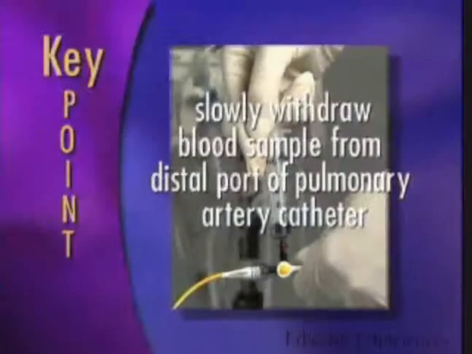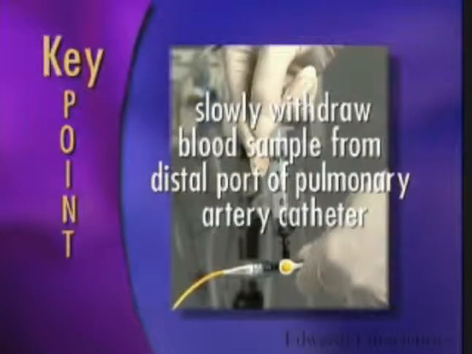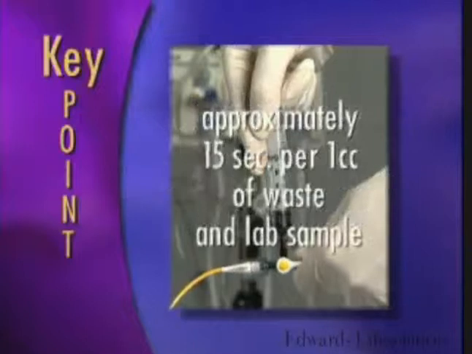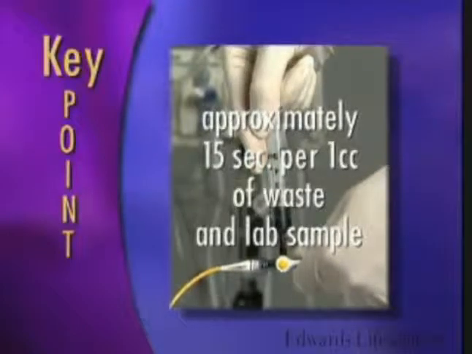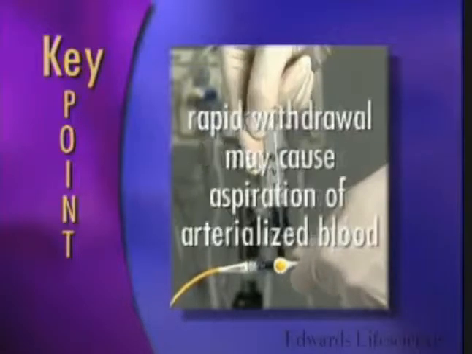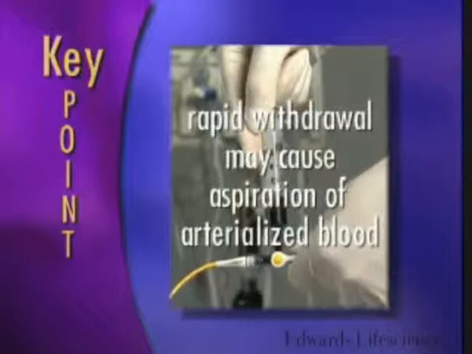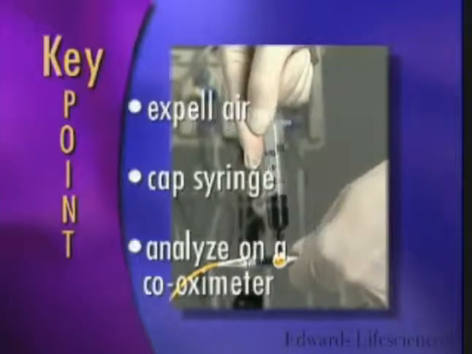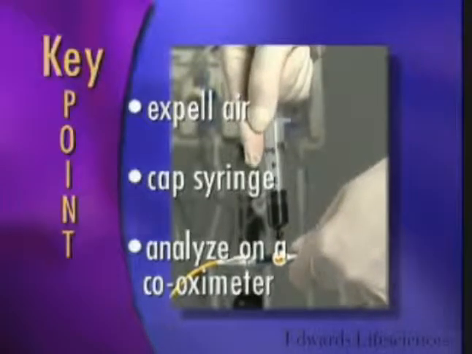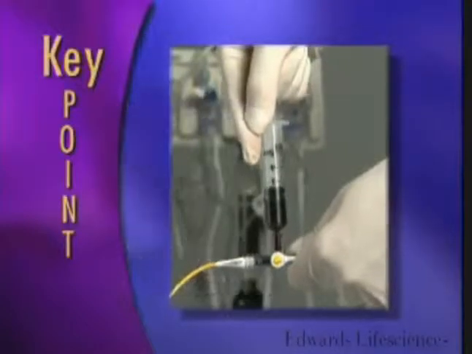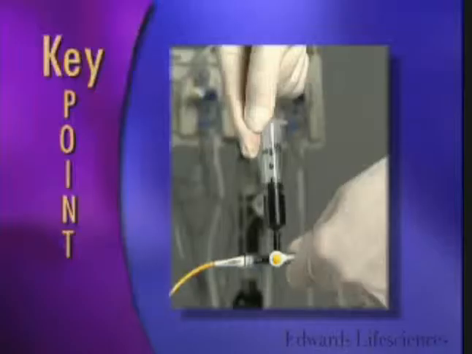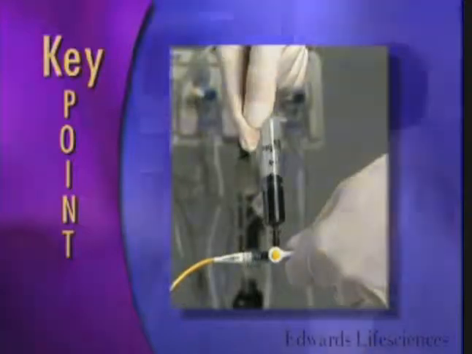Obtain a mixed venous blood sample slowly by withdrawing a blood sample from the distal port of the pulmonary artery catheter, approximately 15 seconds per 1 cc of waste sample and lab sample. Rapid withdrawal may cause aspiration of arterialized blood. The sample should be capped after all air has been expelled and analyzed on a co-oximeter. Follow the manufacturer's instructions on the steps to complete an in vivo calibration.